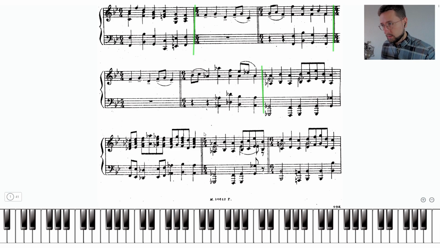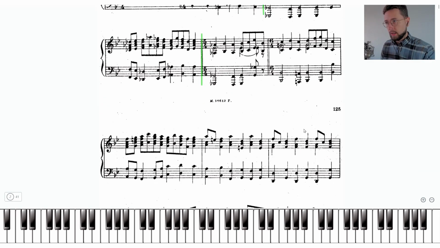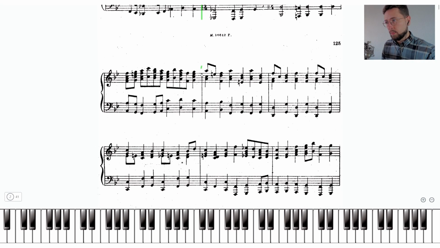Clearly that's one phrase. Next. And then we have this one.